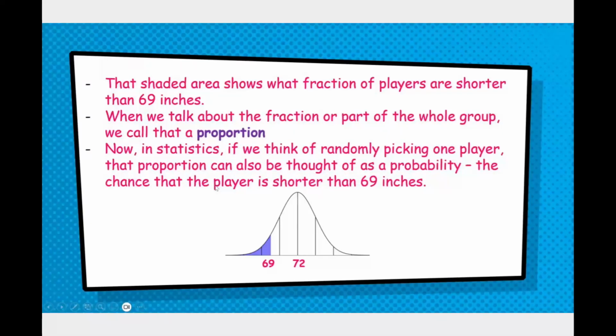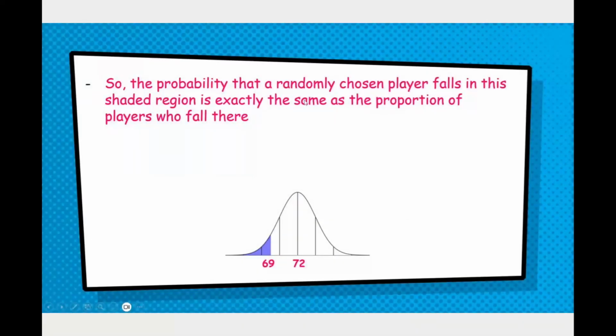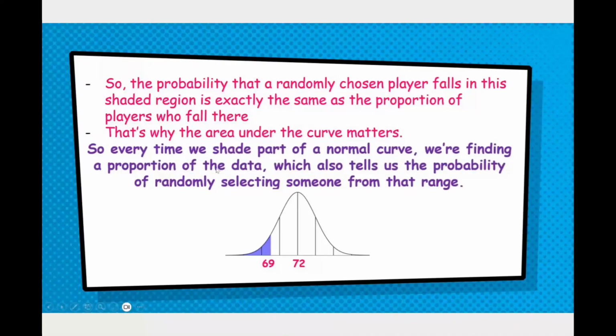Now, in statistics, if we think of randomly picking one player, that proportion can also be thought of as probability, the chance that that player is shorter than 69 inches. So the probability that a randomly chosen player falls in the shaded region is exactly the same as the proportion of players who fall there. That's why the area under the curve matters. Every time we shade part of a normal curve, we're finding a proportion of the data, which also tells us the probability of randomly selecting someone from that range.